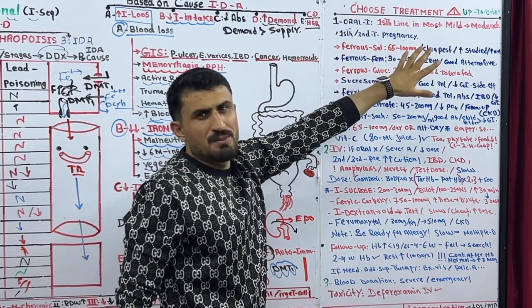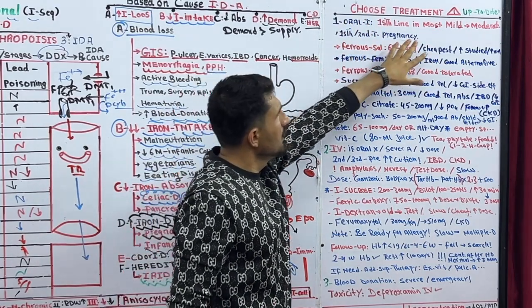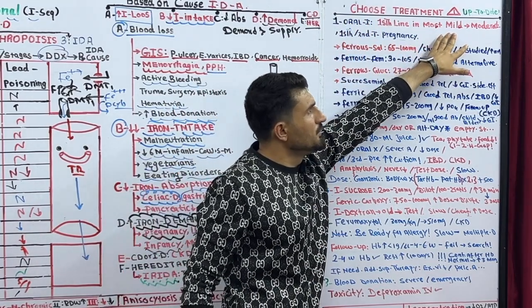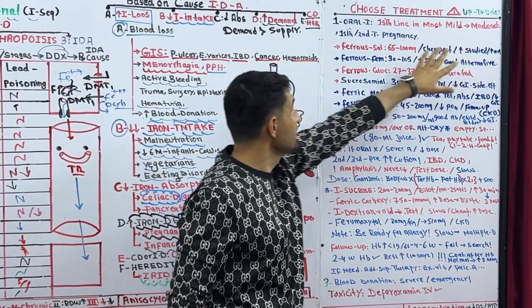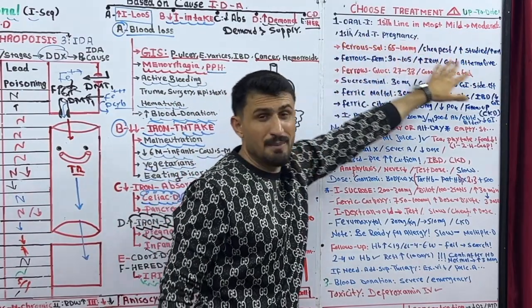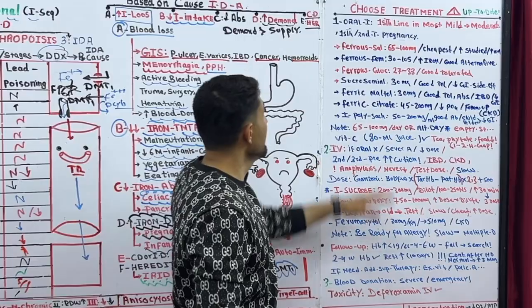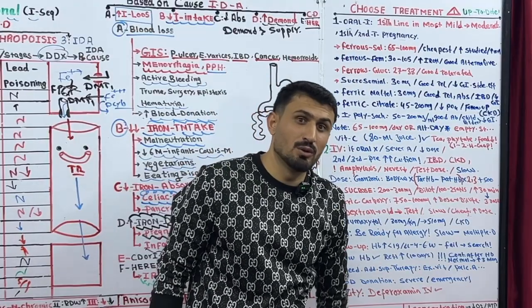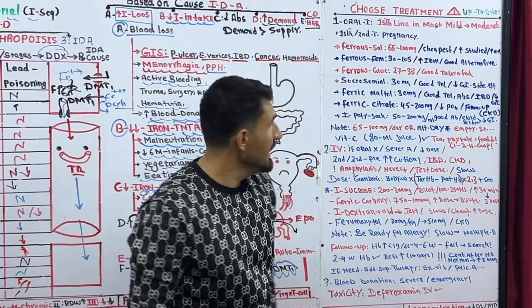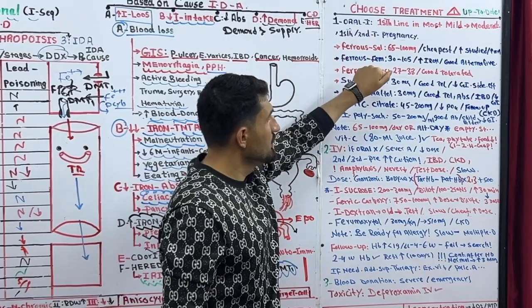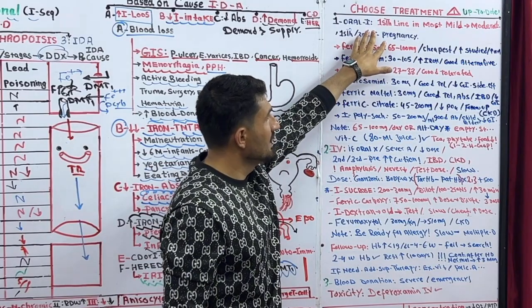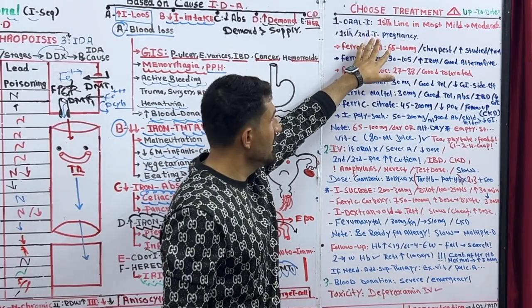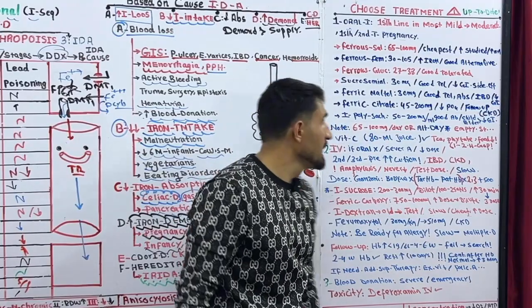The first line treatment for most mild and moderate cases, plus in the first and second trimester of pregnancy, is oral iron or oral therapy, because it's much more studied, it has fewer side effects, and it's a more usable way.